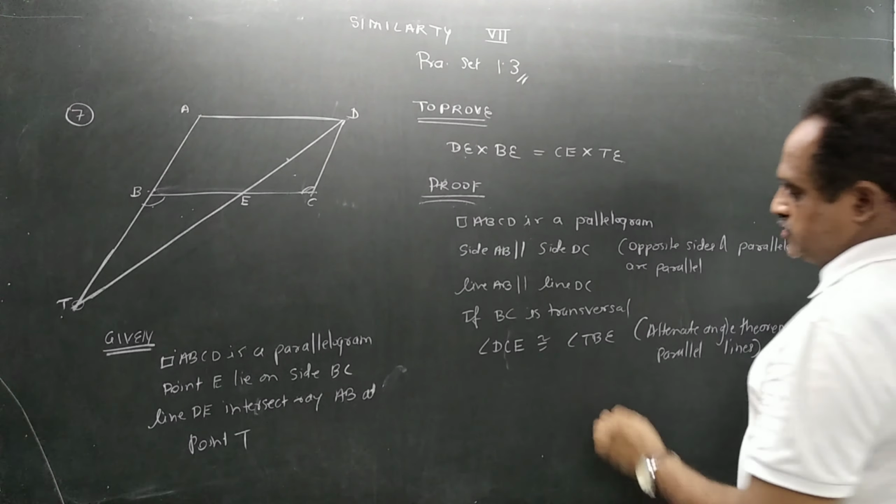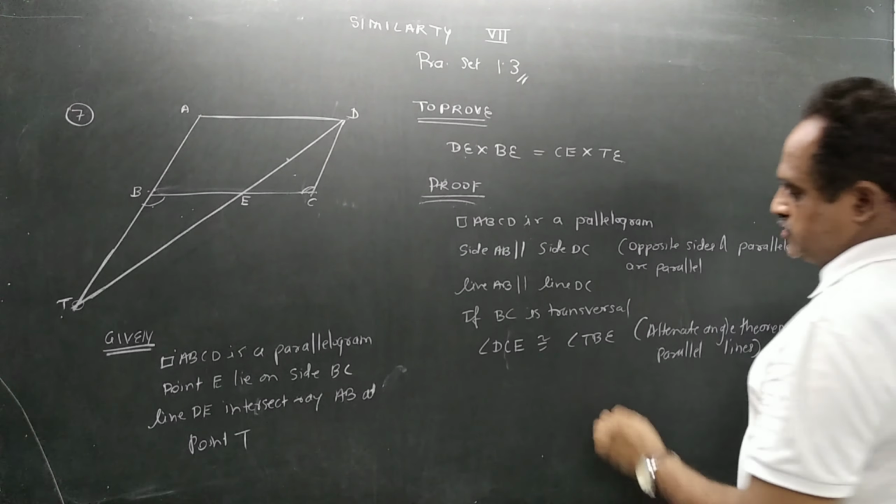Now we are going to take two triangles. See, now we have to prove that these two triangles are similar. So if I am taking angle D, at that time we are going to take angle T, because these are again alternate angles, these are congruent. So while taking D, I'll take T over here. E with E, because it's a vertically opposite angle, and the remaining angle is C, here it will be B. So we are going to write angle DEC and angle TEB.